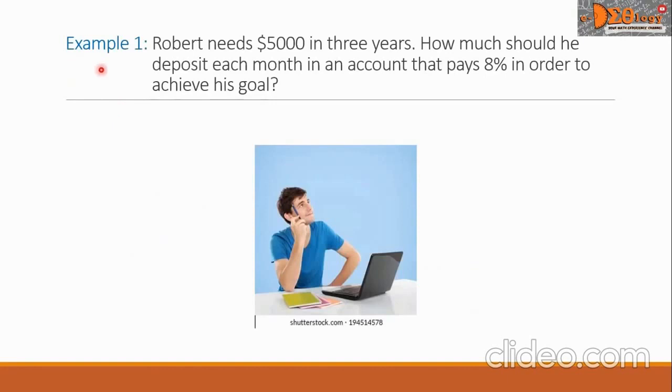Let us see this example 1. Robert needs $5,000 in 3 years. How much should he deposit each month in an account that pays 8% in order to achieve his goal?